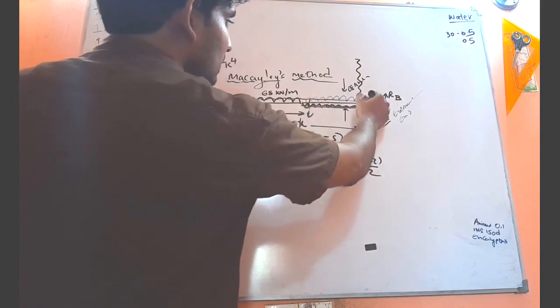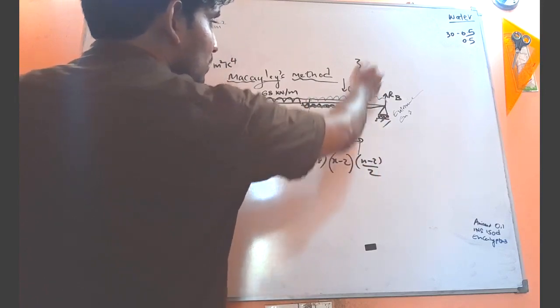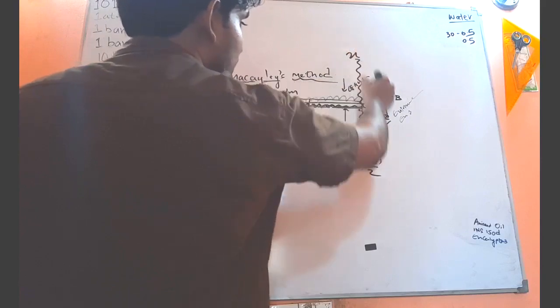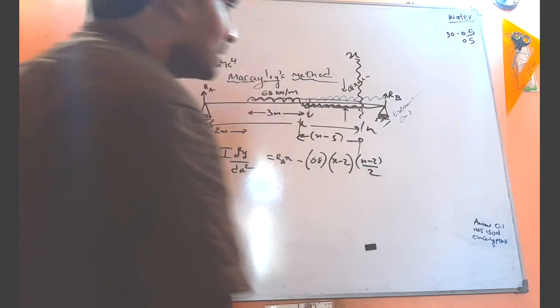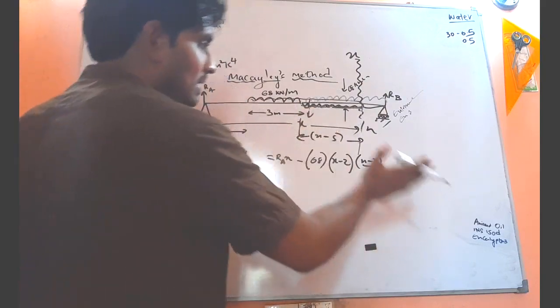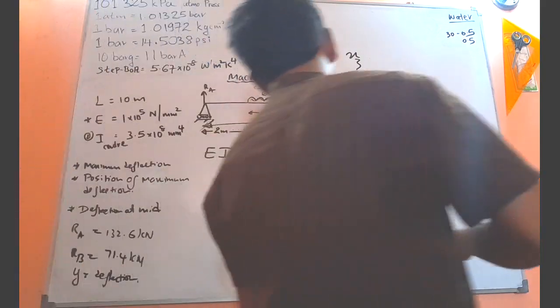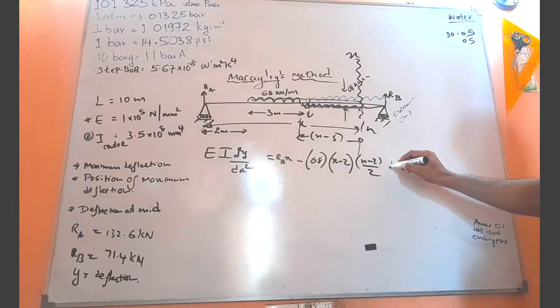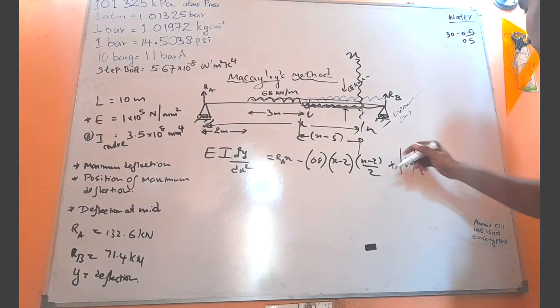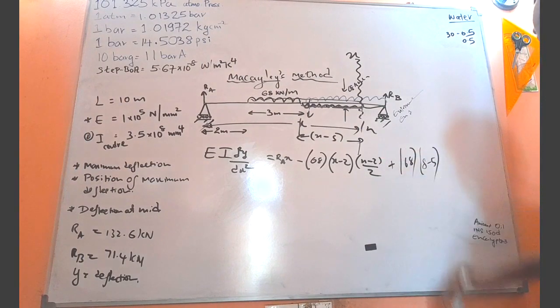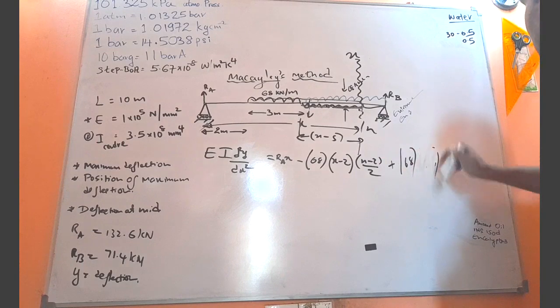So what is this distance up to the section x? That is x minus 5. But because of this loading, the left side will go up, so that will be positive. 68, and the length it has continued is x minus 5.